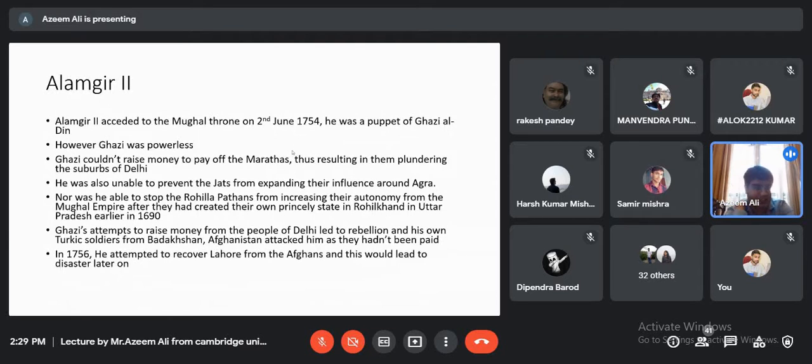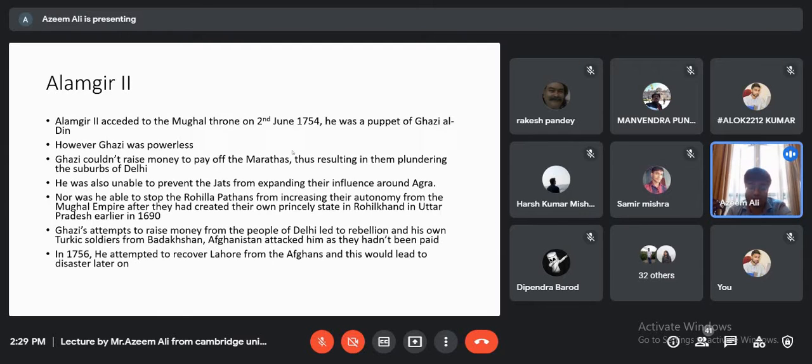Alamgir II acceded to the Mughal throne on the 2nd of June 1754. He was a puppet of Ghazi al-Din, but in reality, Ghazi al-Din was powerless. He couldn't raise money to pay off the Marathas, who were plundering India, and they went on to plunder the suburbs of Delhi.